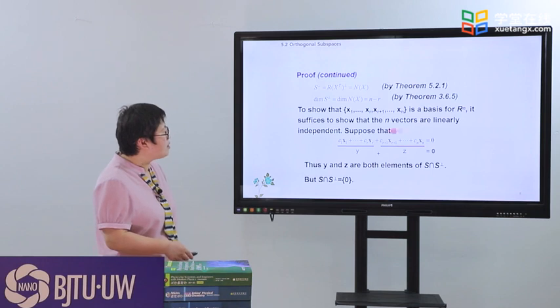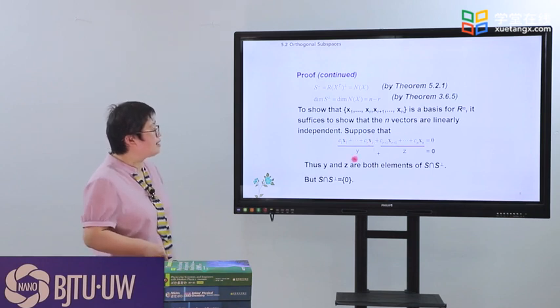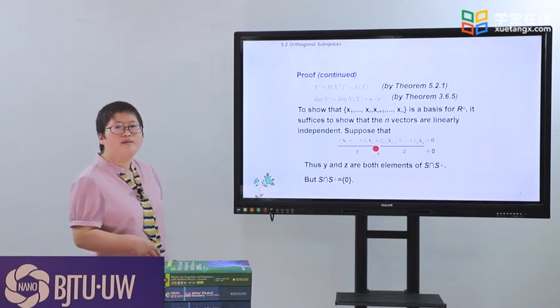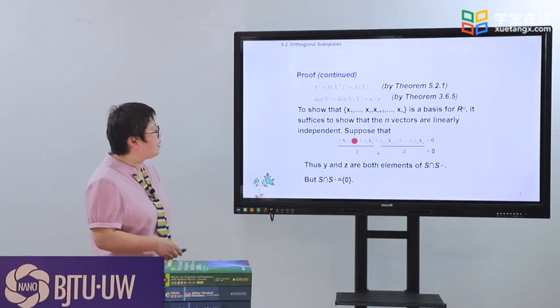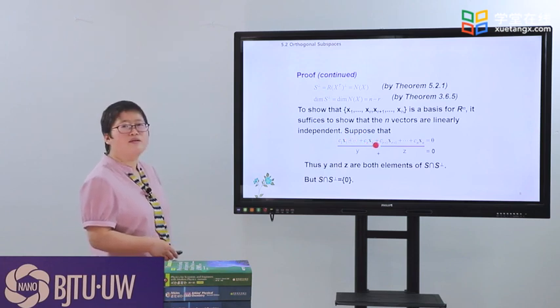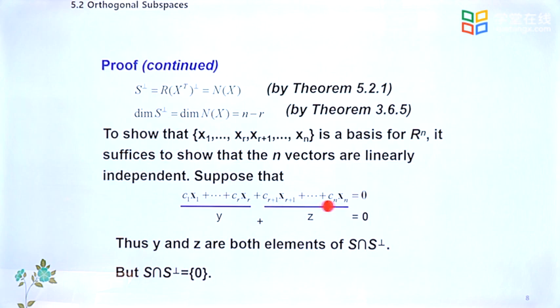If y equals 0, because x1 till xr are linearly independent, this means c1 equals till equals cr equals 0. And also, because z equals 0, this means cr plus 1 xr plus 1 plus till plus cn xn equals 0. And because xr plus 1 till xn form a basis for the S orthogonal complement, they are linearly independent.